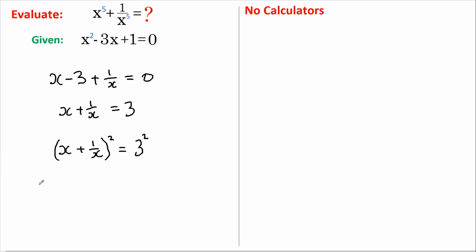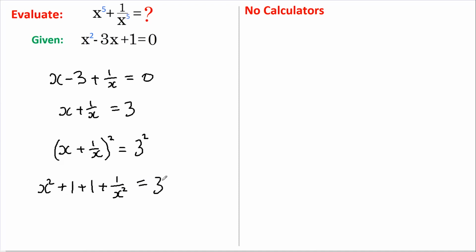And now expanding out, we get x times x is x squared. x times 1 over x is 1. And 1 over x times x is also 1. So we get plus 1, and 1 over x squared is 1 squared, which I'm just going to write as 1, over x squared.